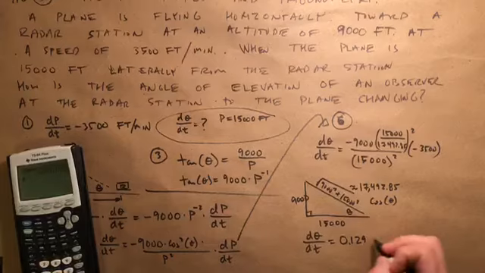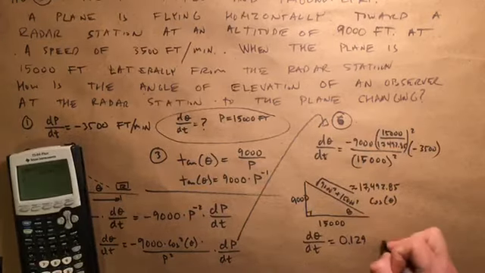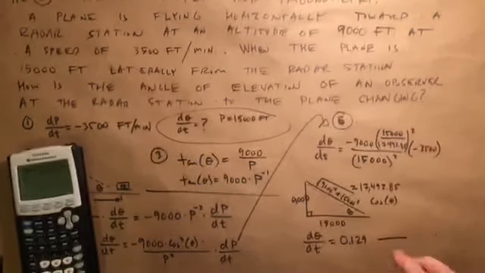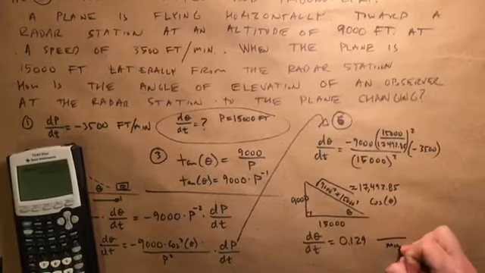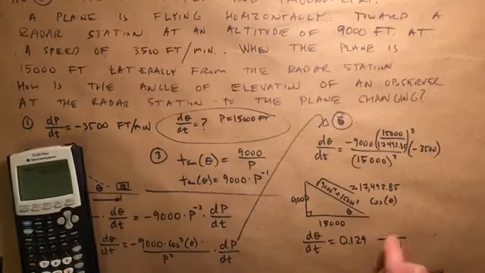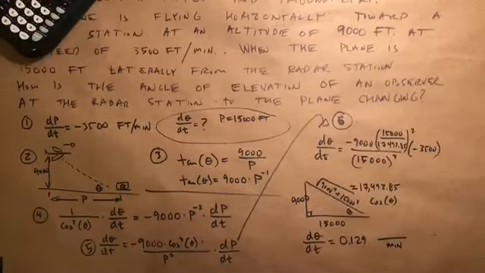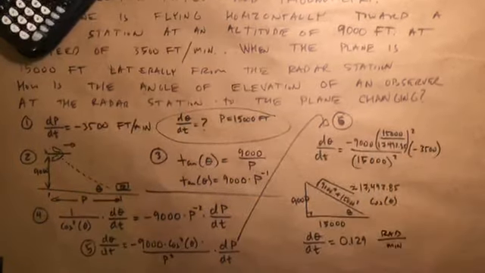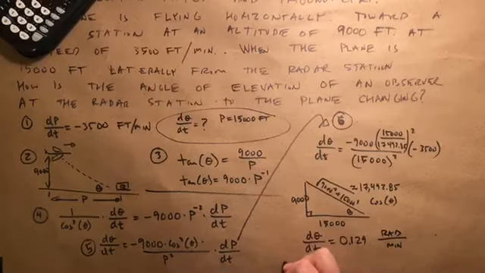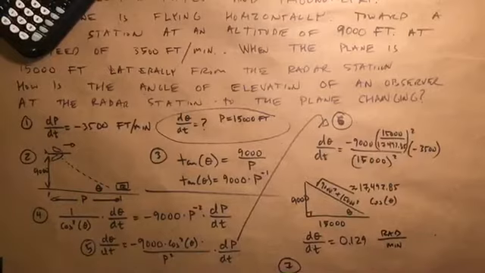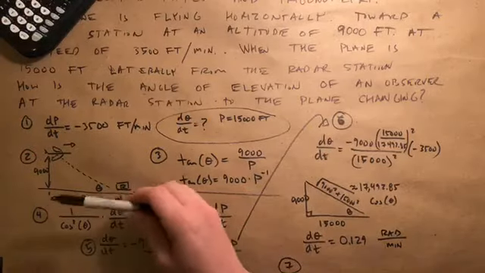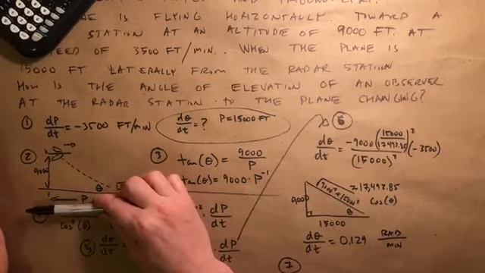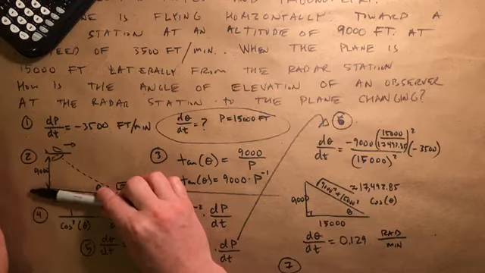0.129. And I want us to pause for a second and think about the units. Certainly the units are going to be per minute. But what about the numerator? Whenever we talk about a trigonometric function in the land of calculus, we are normally dealing with radians. Now, our gut check: does this make sense? As we are super far away, the angle is going to only move a little.